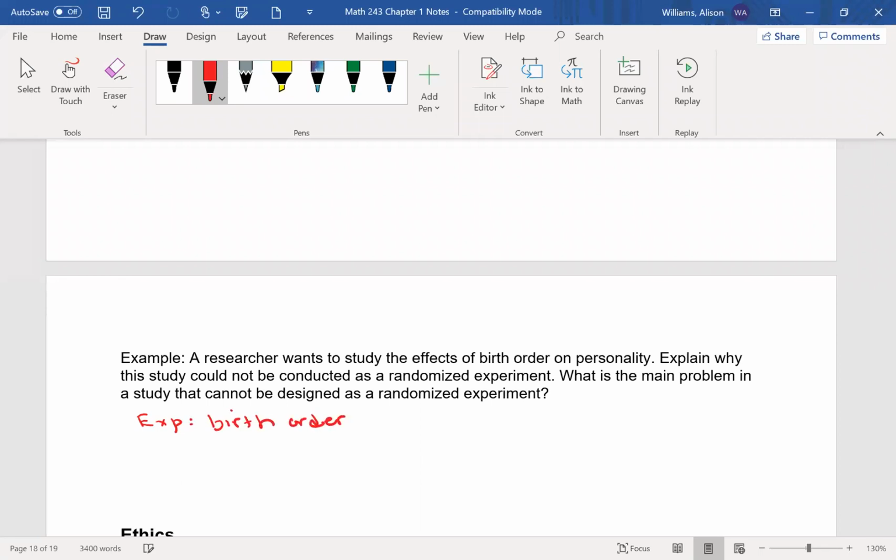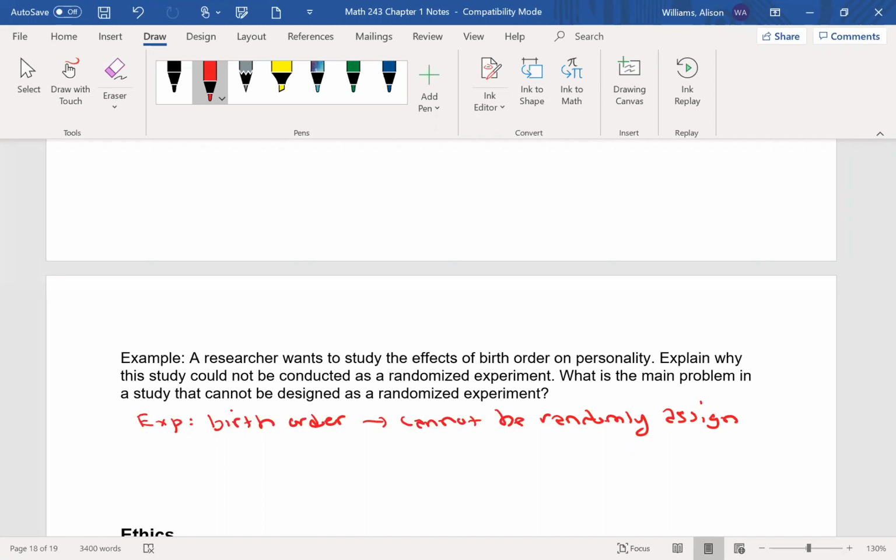And since that's the explanatory variable, there's no way to randomly assign it. You can't force somebody to have a birthday on a specific day. So it cannot be randomly assigned. So no, you couldn't do a random assignment, which means we have the potential of lurking variables.